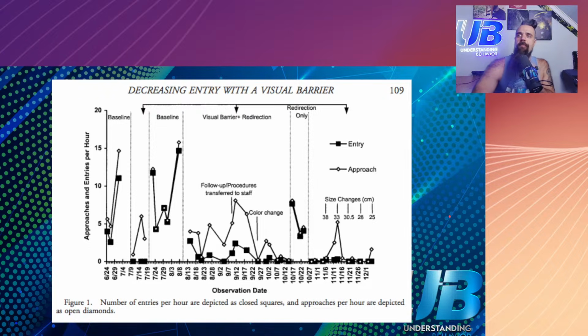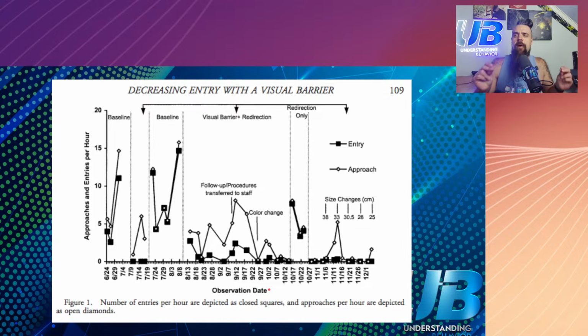So a couple important things I want you to orient yourself to: first, whenever you see a graph, you need to read the chart title. This one says decreasing entry with a visual barrier. Then it's important to look at the phases and what's going on with these. It's also important to look at our y-axis label. What are we actually measuring here? What's our dependent variable? You might want to look at your legend as well, and then start looking at the data paths and try to make sense of it.